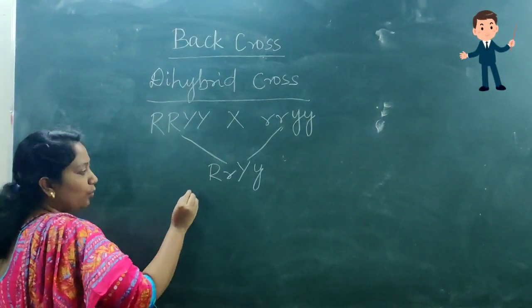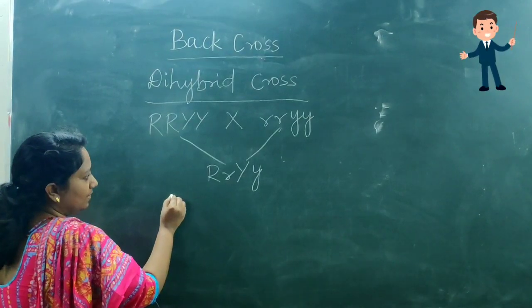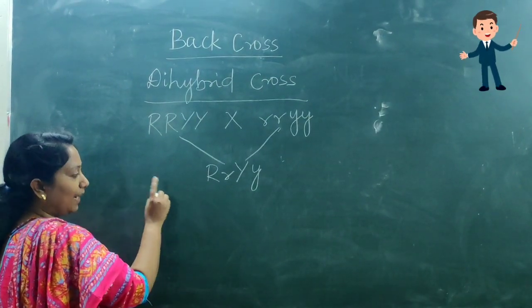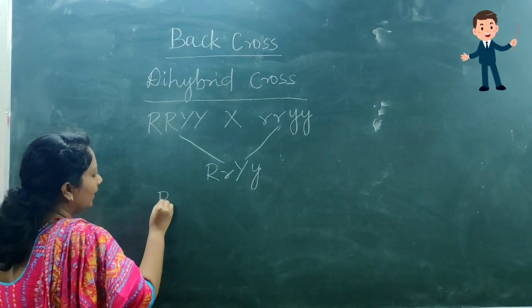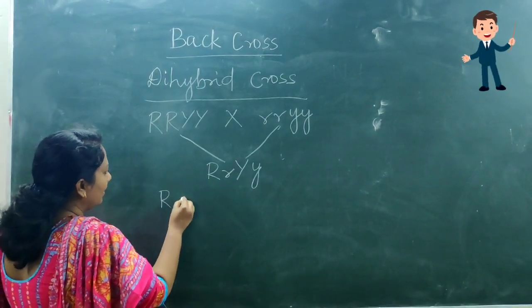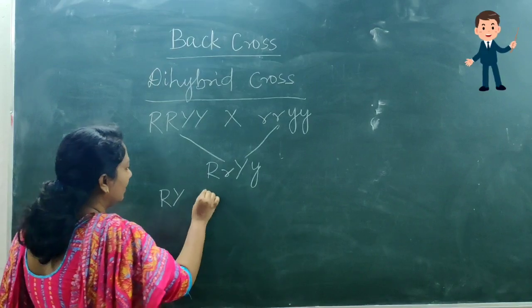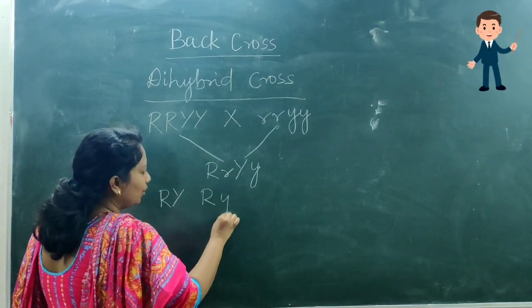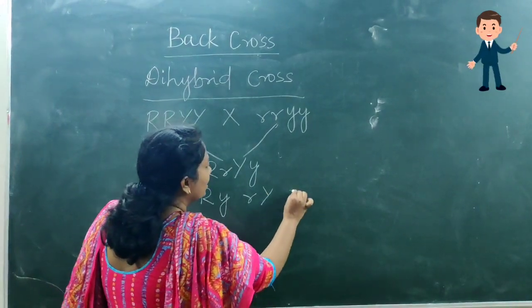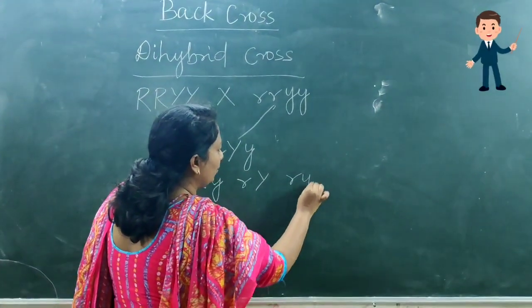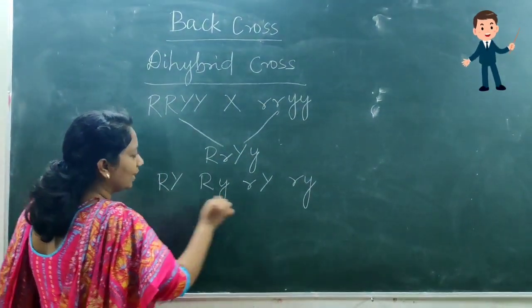From this we get 4 gametes as we saw in dihybrid cross. So the gametes would be capital R and capital Y, capital R and small y, small r, capital Y, small r, small y. Now these are the 4 gametes.